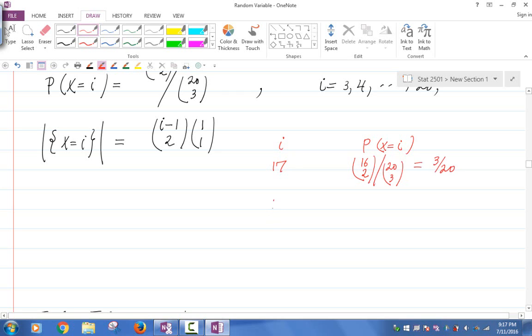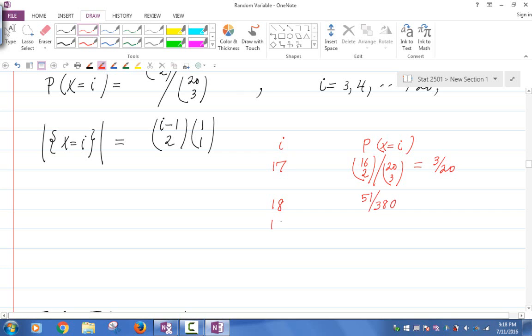When I is 18, it'll be 17 choose 2 in the numerator, the denominator stays the same, and if you do the calculations you get 51 over 380.